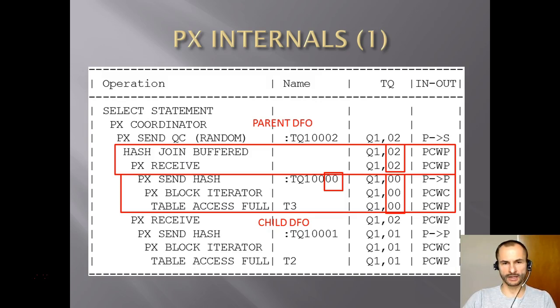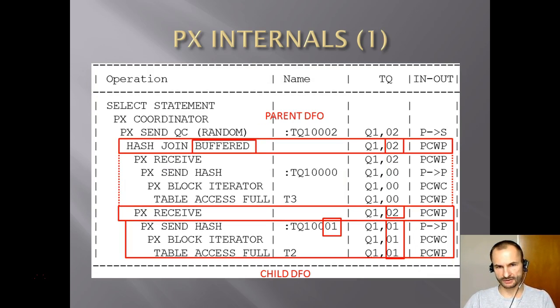Once this is done, we come to the second phase of the hash join, and we see that this parallel slave set that has performed the first phase of the hash join, which has received this data, is still performing this part of the operation, because it's still highlighted with this O2.